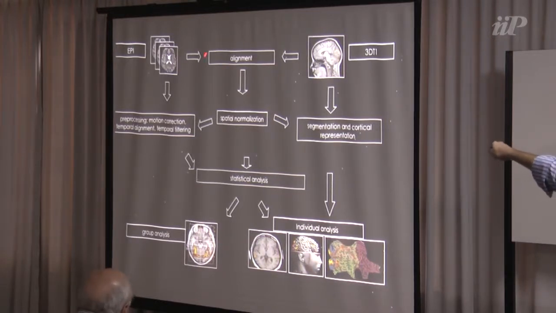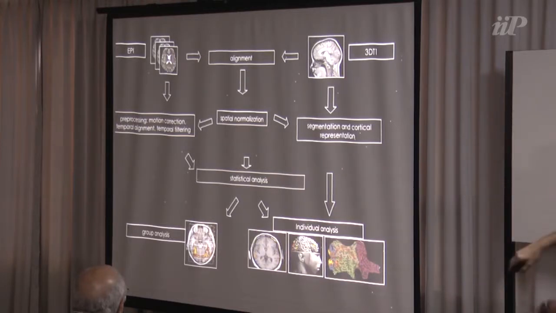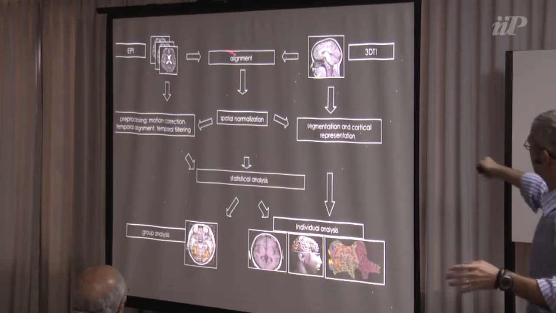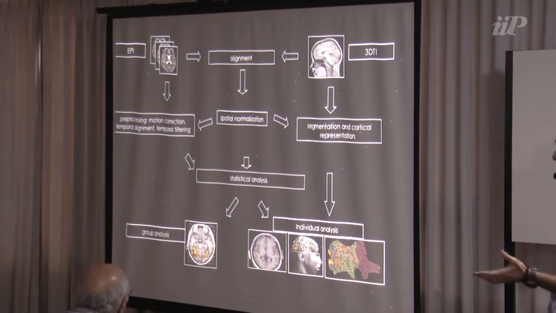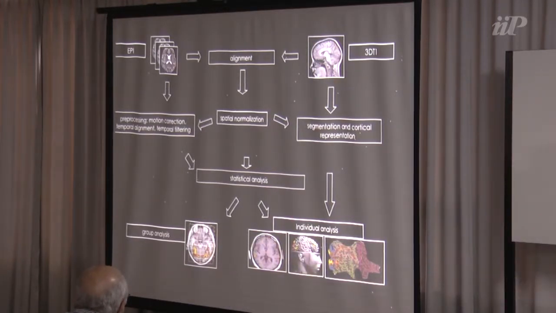Every box, like this one, is a black box. You have different types of alignment, different types of pre-processing, different types of motion correction, of temporal alignment, of temporal filtering, of spatial normalization, of segmentation, of cortical repair. Statistical analysis is a big black box.